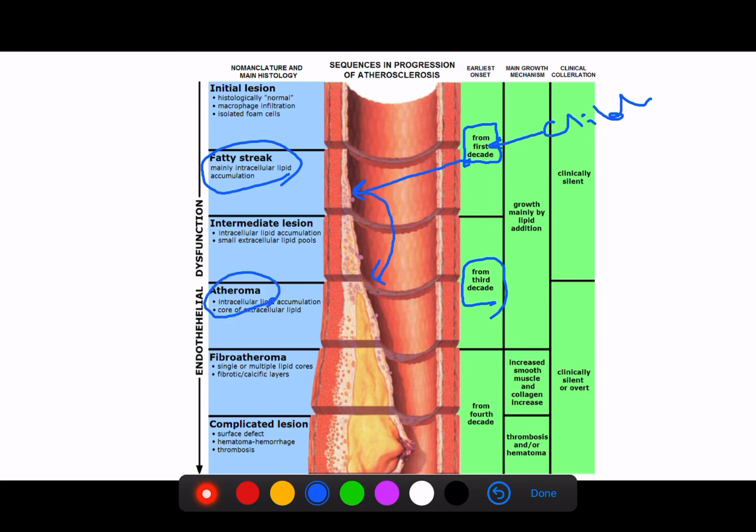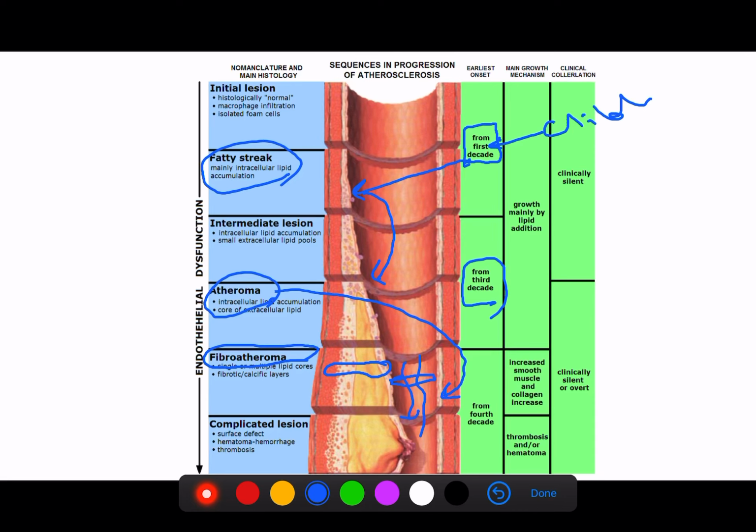Atheroma in the fourth or fifth decade will become fibroatheroma. This fibroatheroma is much bigger and causes an increase in the size of the atheroma that will cause narrowing of the lumen of the blood vessel.